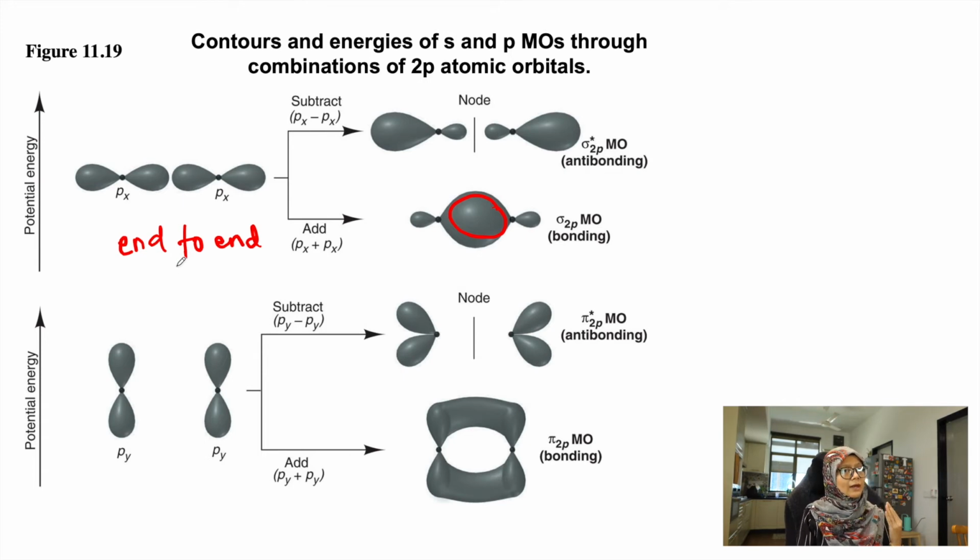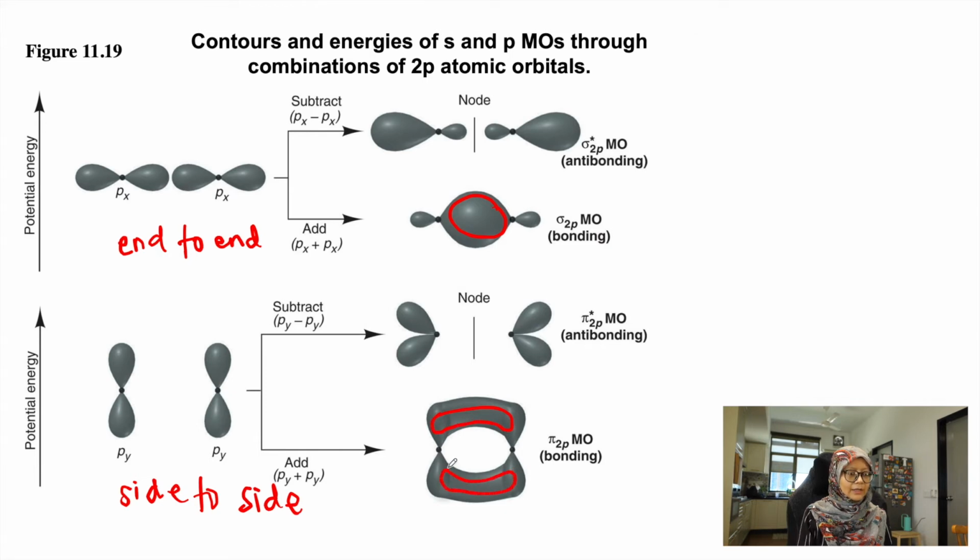What about side-to-side? This is the side-to-side overlapping. When we add both of these, it will form a pi 2p, or usually we call it a pi bond. So the electron density will be higher here.